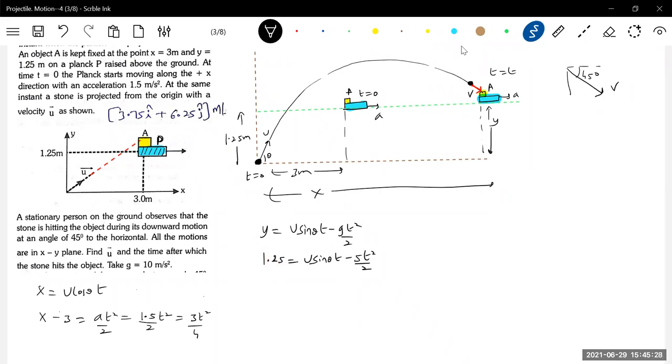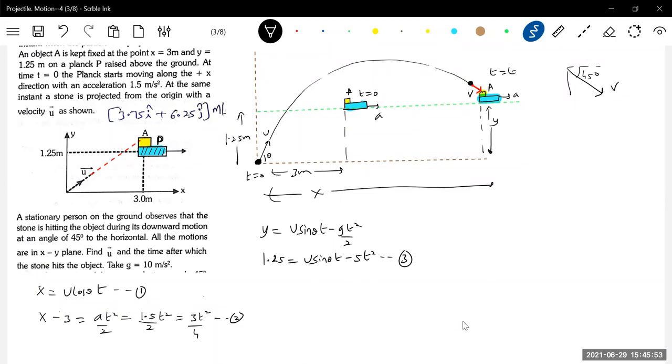Sir, only 5, sir, not 5 by 2? You wrote 5 by 2, sir. Yes, okay, this is some numbers we'll give it. We'll see this one.